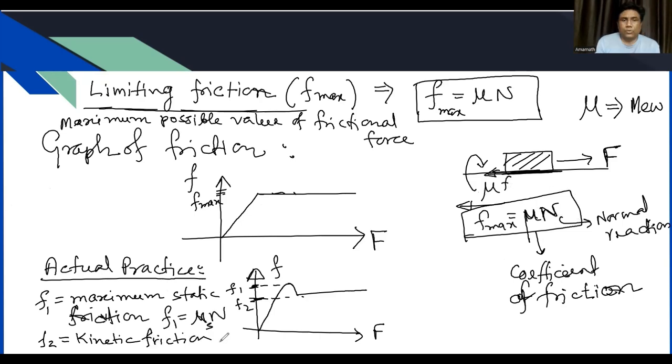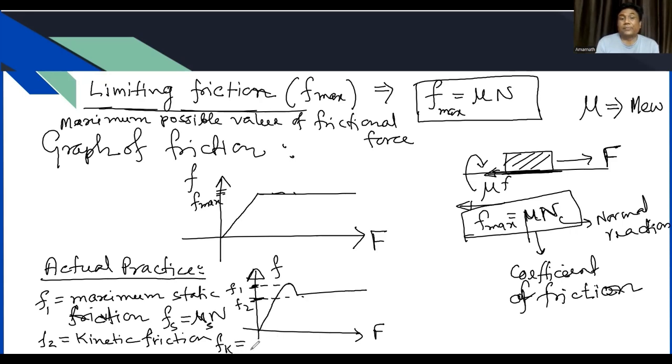The kinetic friction symbol is F. You can write Fk also. Fs, Fk. In place of 1 and 2 you can put Fs or Fk; the symbol is up to you. So this is Fs, or you can put Fk.